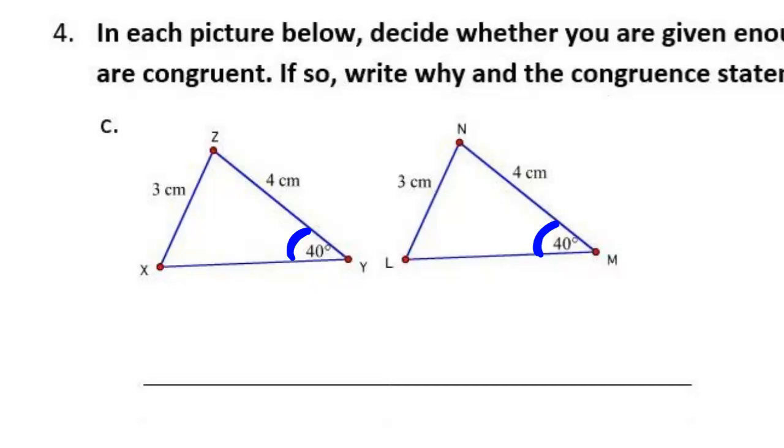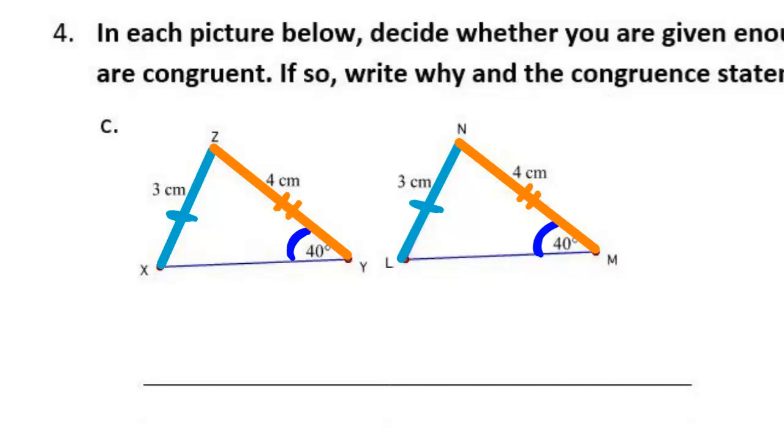ZX right here. And which one on the other triangle? NL right here. So this side is congruent to this side. Are there any other pieces that we can mark congruent between these 2 triangles? ZY and NM or MN right there. This is congruent to this.